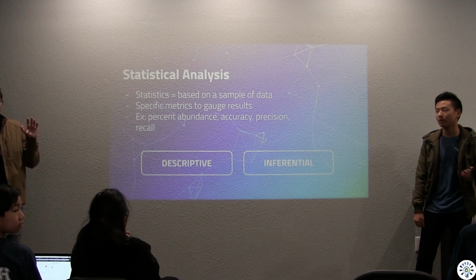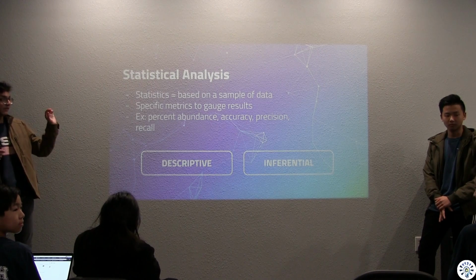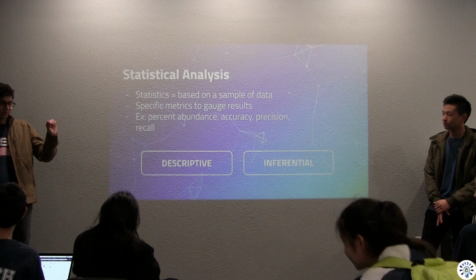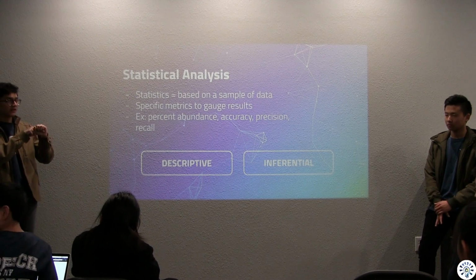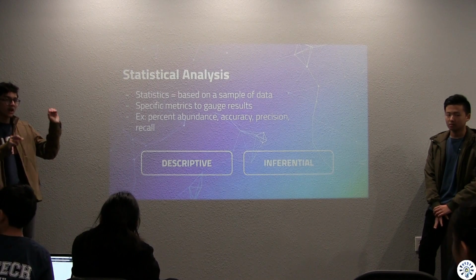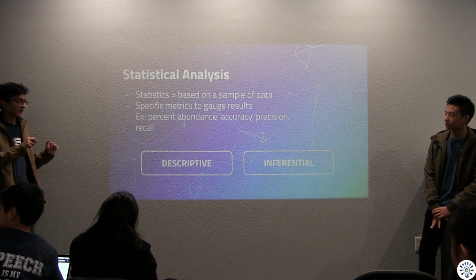Does that make sense? So if you have multiple shots at a bullseye, an accurate shot would be one that's closer to the bullseye, but precise shots would mean that all of your shots are in one central area. So it could be non-accurate but still precise, or it can be non-precise but still accurate.